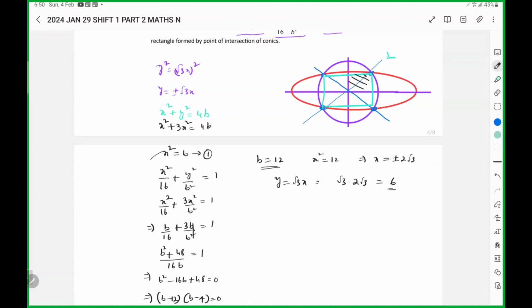So once you find this area, xy, 6 into 2 root 3, the total area of the quadrilateral is 12 root 3 into 4, 48.